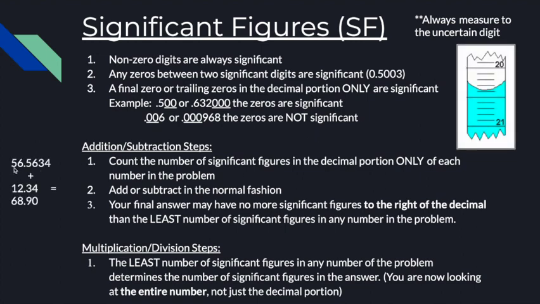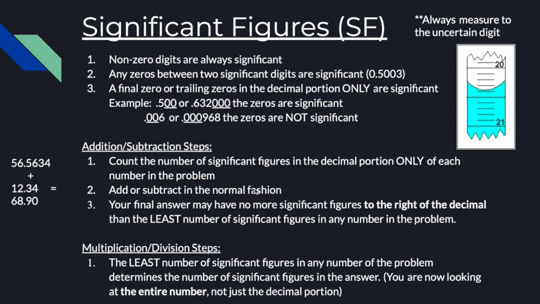So here we have 56.5634 plus 12.34 equals 68.90. Now why do we have only two decimal places in the answer? Step 1, we count the number of significant figures in the decimal portion only. So this is four figures here and two here.